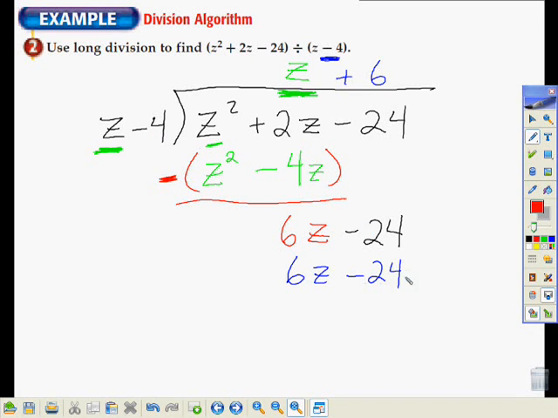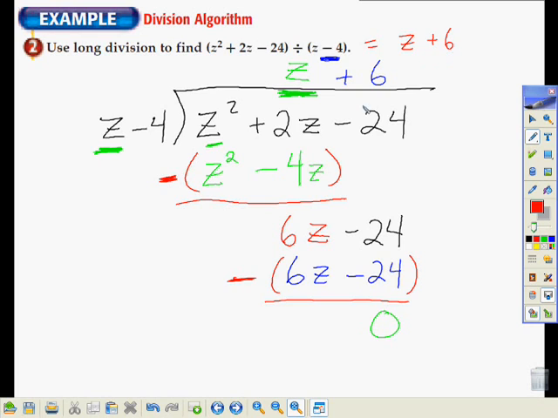And then again, we subtract the whole thing. 6 minus 6 is going to give us 0, and negative 24 minus the negative 24 is also going to give us a 0. And so we're left with no remainder, and our answer to this would be that when we divide this, we get z plus 6.